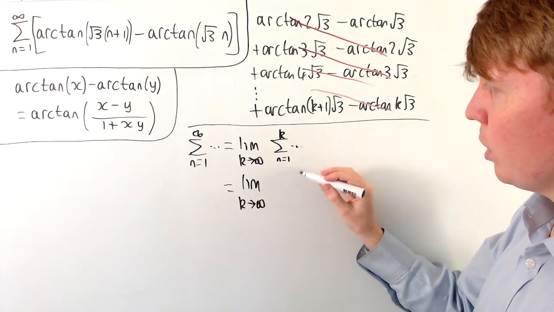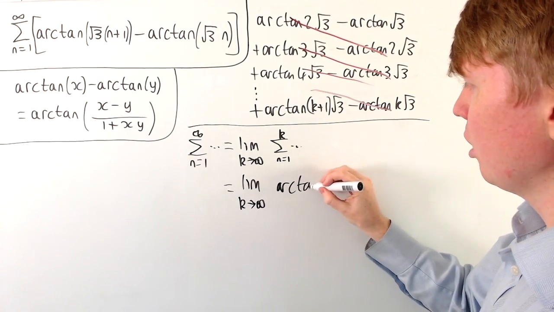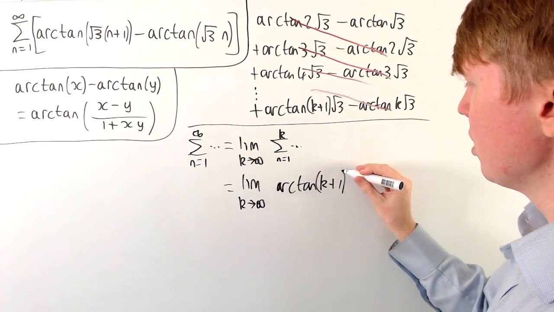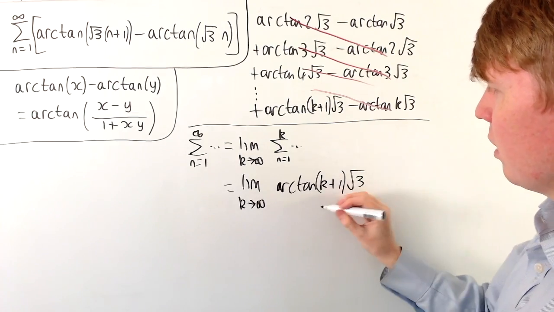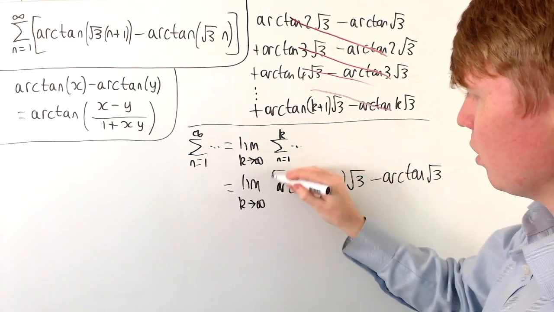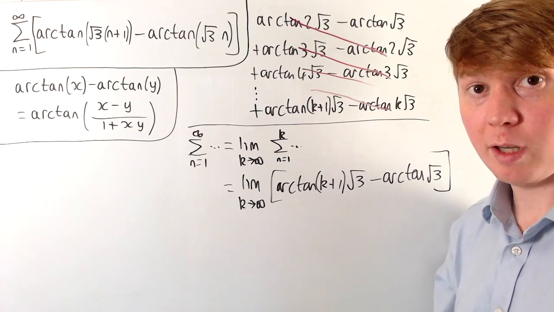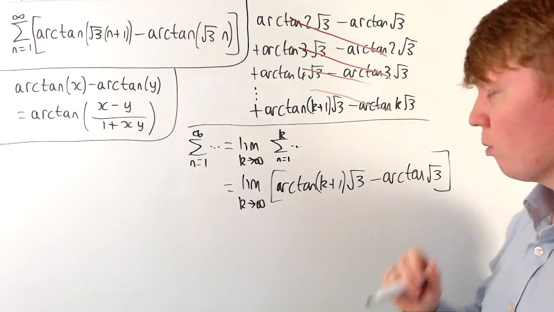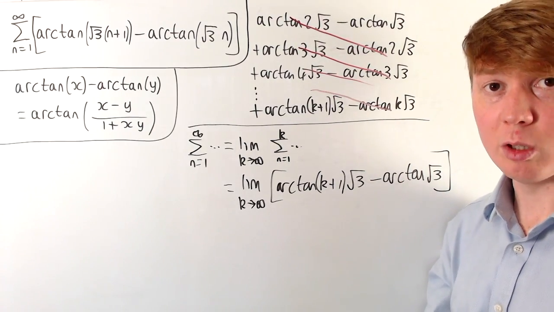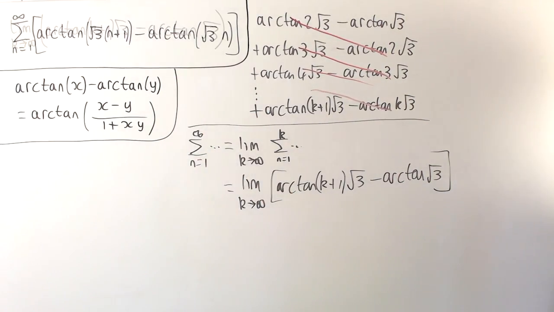We've just seen that the partial sum going up to the kth term is arctan of (k plus 1) times root 3, then just minus arctan root 3. So these are our two terms here which don't cancel. So now all we need to do is evaluate this limit and also evaluate arctan root 3, then we'll have found the value of this infinite sum.